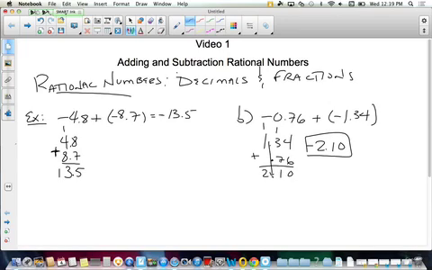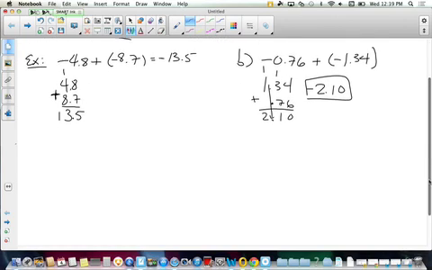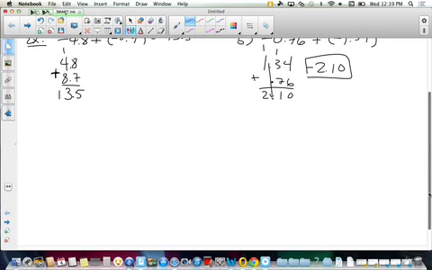Now, what if the signs are different? So let's look at another example here. What if I have 14.8 plus negative 7.2 plus 30.7.